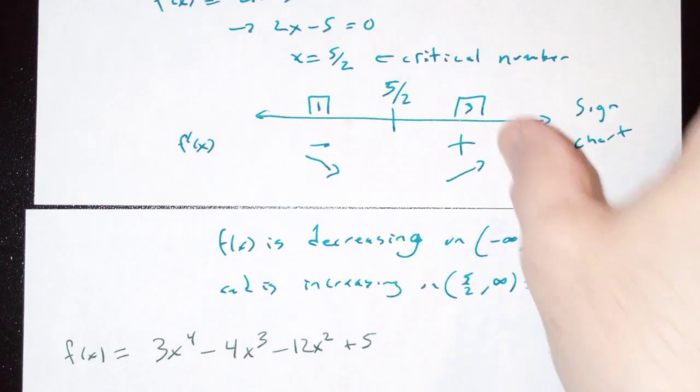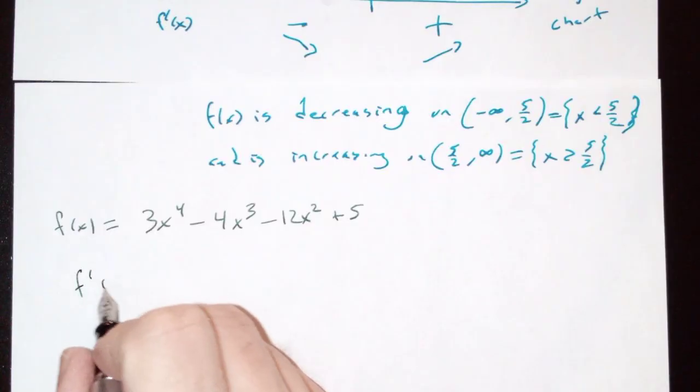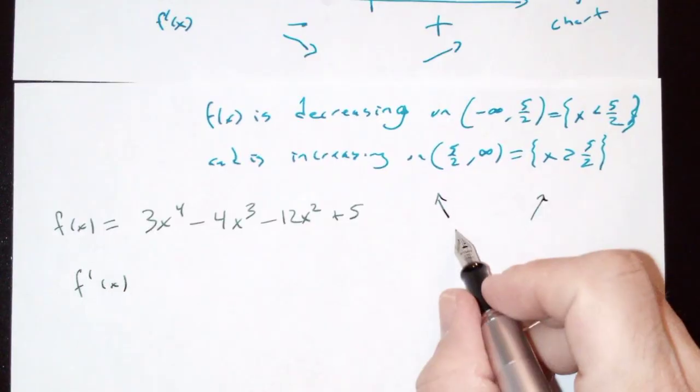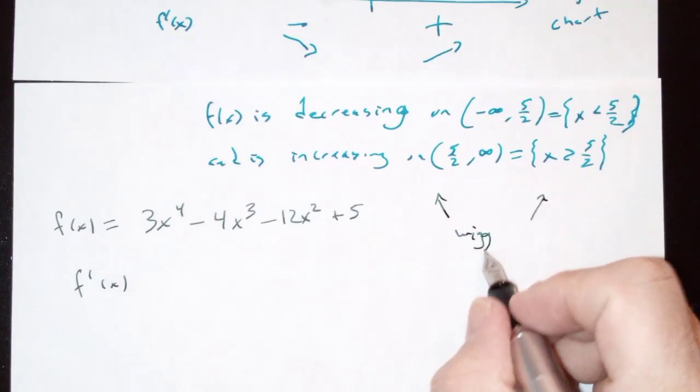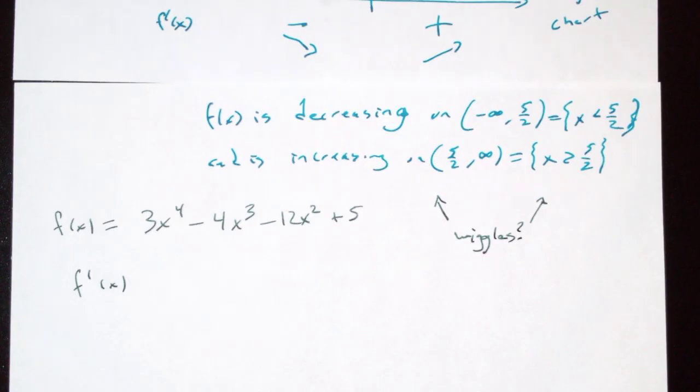So let's take our derivative here and do this process again. This is my problem. In this case, I don't have a good picture. I know the graph is going to go this way and this way, but in the middle, it's going to do all this weird stuff. Let's figure out what it's doing where.